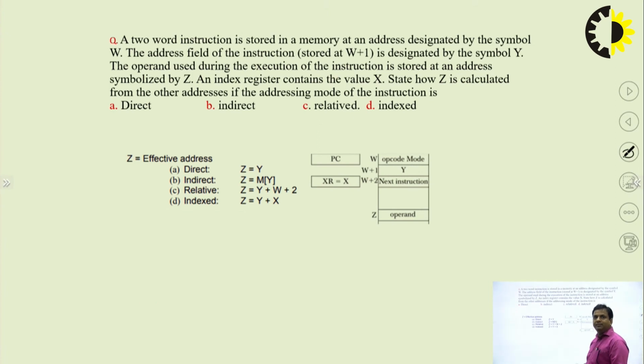Next one, again we take one more example, that is a 2-word instruction. So the main thing is, this is a 2-word instruction. A 2-word instruction means it will occupy 2 memory locations.